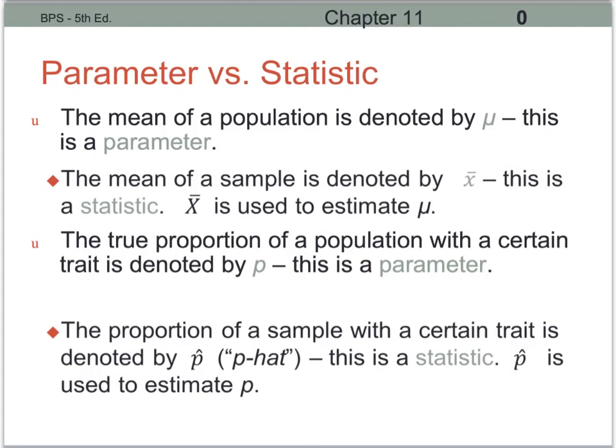The mean of the population, we use the letter mu for that, and that's a parameter. The mean of the sample is denoted by x bar. We've seen this before. It's a statistic and we use it to estimate mu.